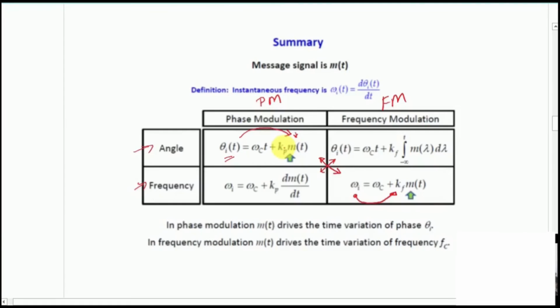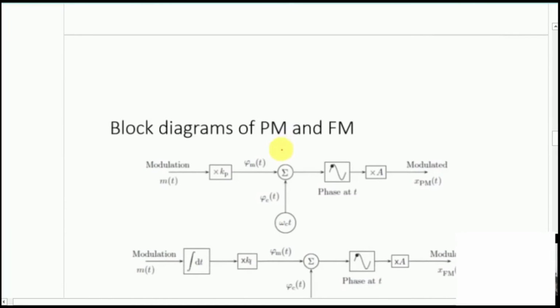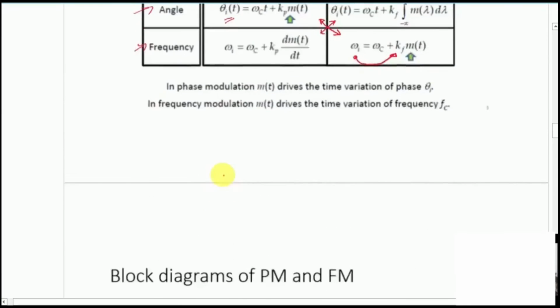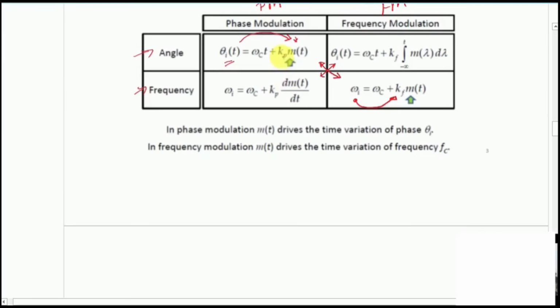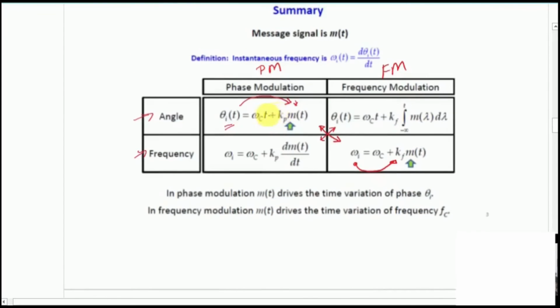Next, this whole thing is then summed up with the carrier omega c. This omega c is coming from an oscillator. So over here we have omega ct and we have that summation block. Once we add them up, we get this angle theta I of t.